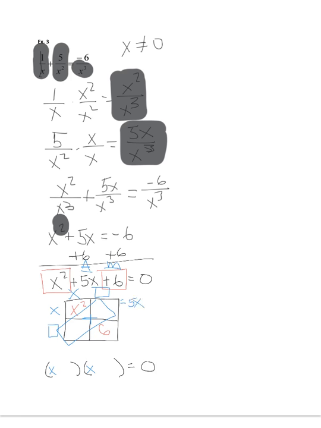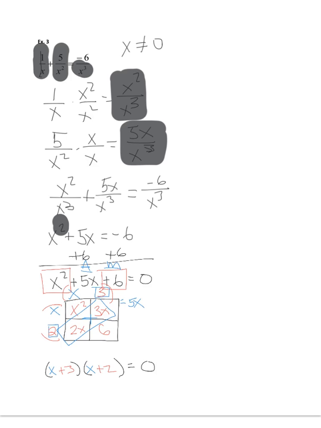Well, what two factors multiply to 6 but also add to 5? 3 and 2. And 3 times x gives you 3x. x times 2 gives you 2x. Does 2x plus 3x equal 5x? It does. So I factored correctly that x squared plus 5x plus 6 is the same as x plus 3 times x plus 2 equals 0.